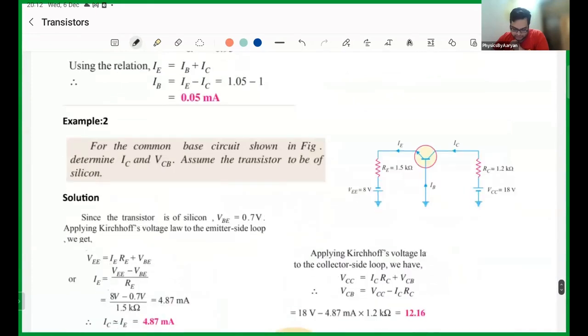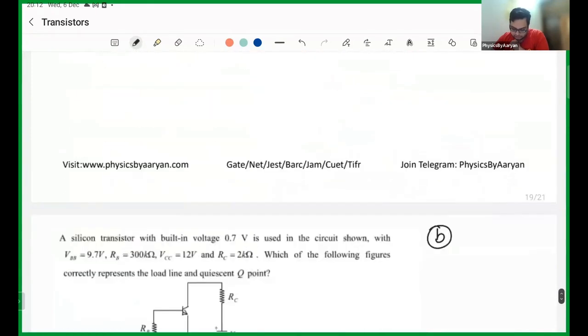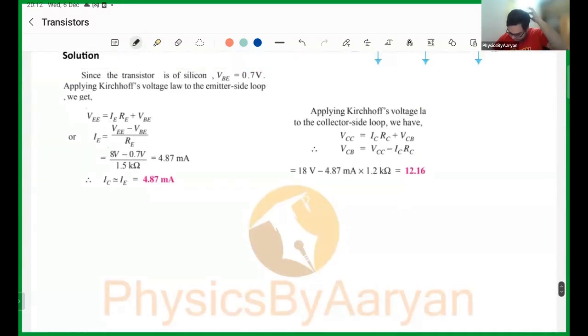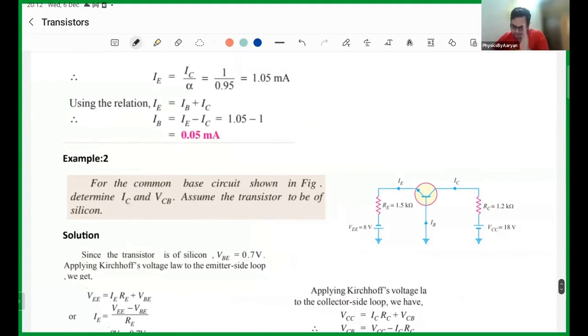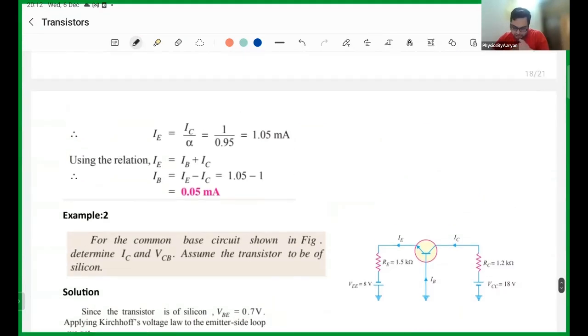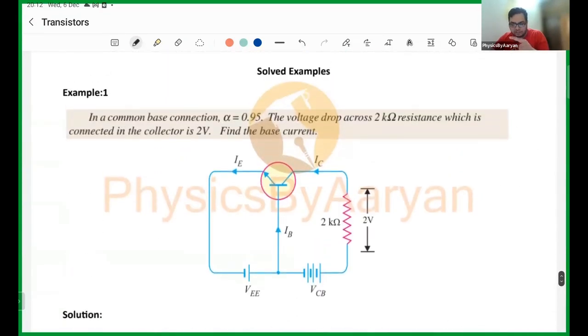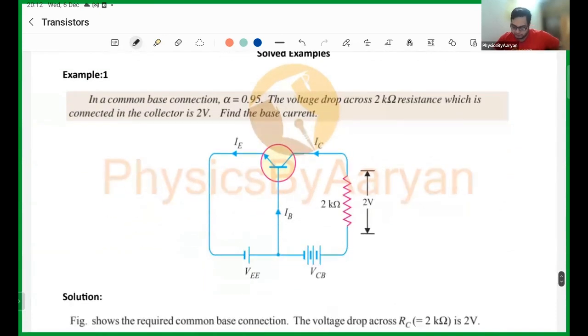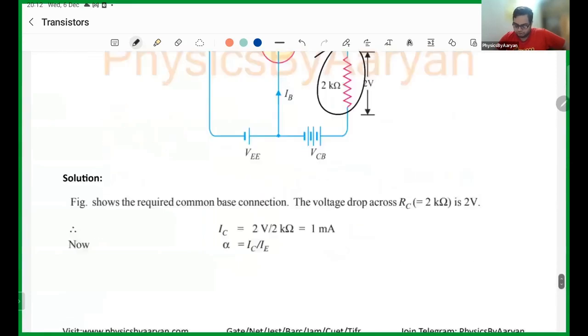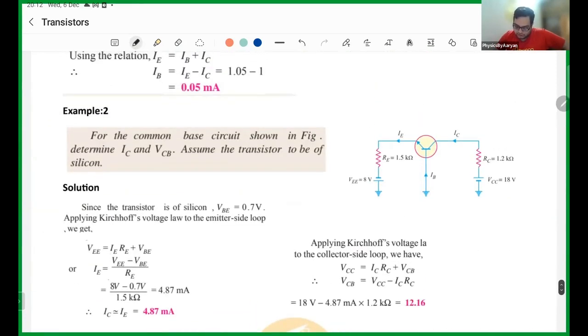I think I have given some question in here where they have actually shown what the output resistance is. They will mention it. And if they have not mentioned output resistance and have just simply given this, then you are safe to assume that this is your input and this is your output.